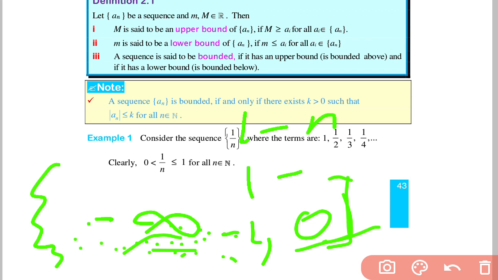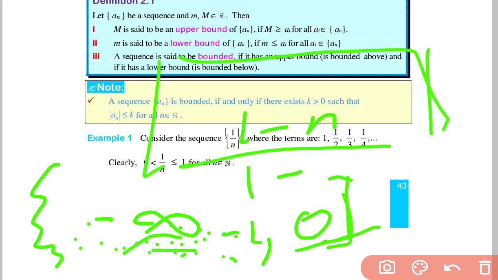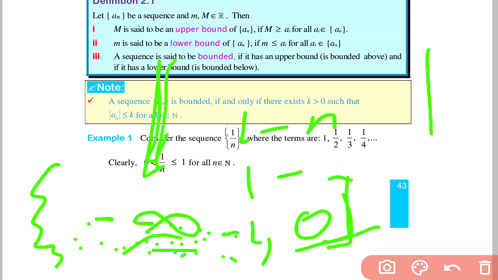If it has a bound on only one side and nothing on the other, it is unbounded.